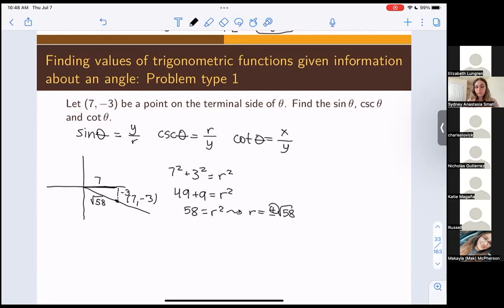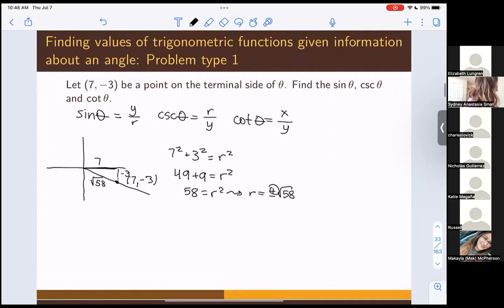And now we actually have all the information we need to do this problem. So like last time, let's set it up with sine of theta is equal to y over r. Our y coordinate is -3. Our radius is the square root of 58. We don't like square root of 58 in our denominator because square roots in denominators are a no-no. We don't do it in math. It's not allowed.